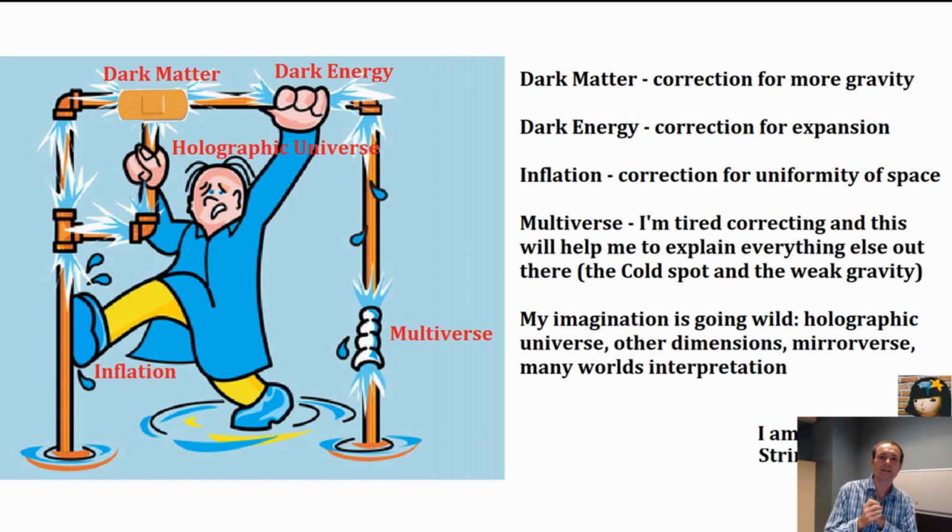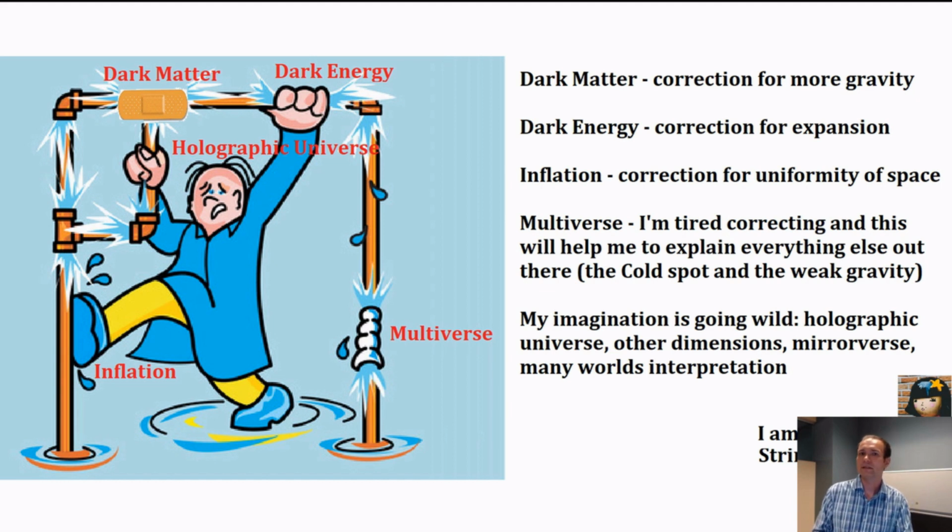Okay, that is fine, but we find more weirdness that cannot be explained by the standard model. And that is, for example, the cold spot. Google about it, I don't have time to explain. Or the weaker gravity areas that we see in microwave radiation that arrives to us, and we cannot explain those either.